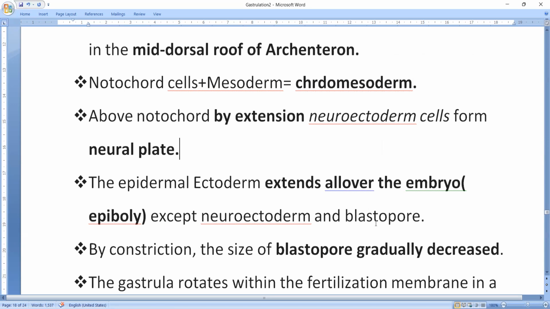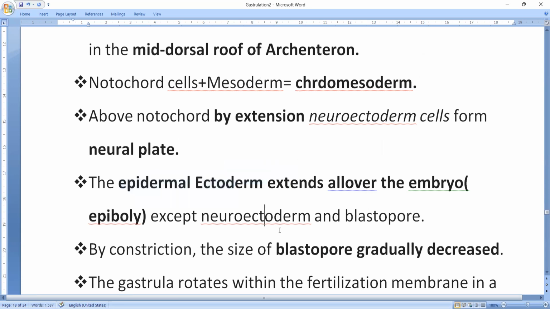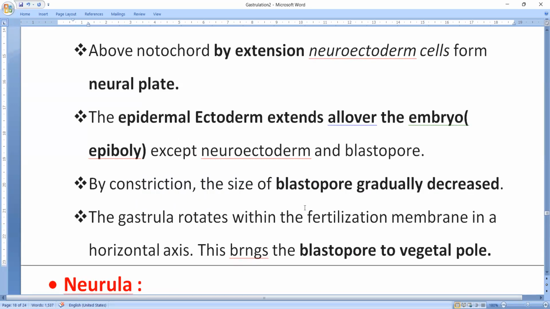The whole outer cover is epidermal ectoderm cells moving. By constriction the size of the blastopore gradually decreases.